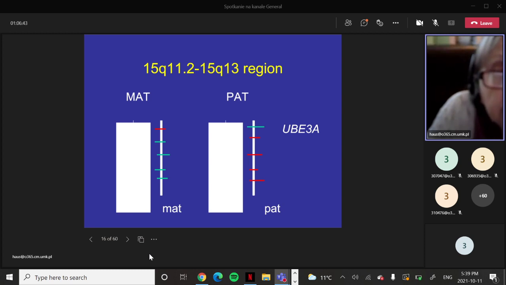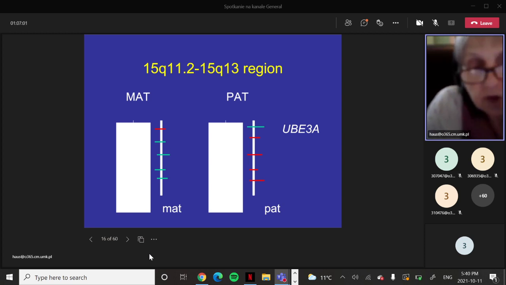In the maternal chromosome, one of these five genes is active, the other genes are inactive. The first gene is active because it is not methylated.